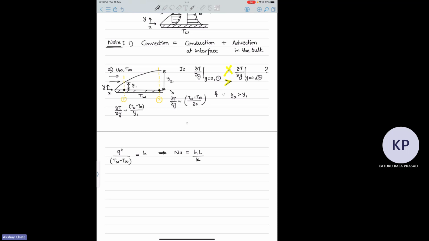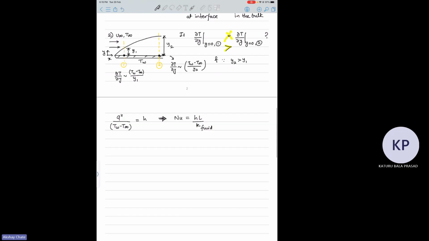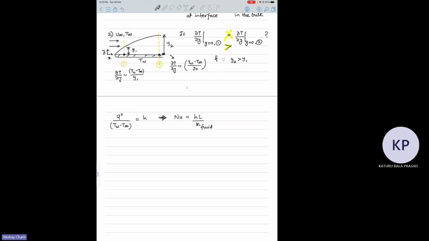So remember, this is k of fluid. If it is k of solid, that is in lumped analysis that we did in the last class. So this is the definition of Nusselt number. We'll talk about it later also. For the time being, let's continue and solve this problem.